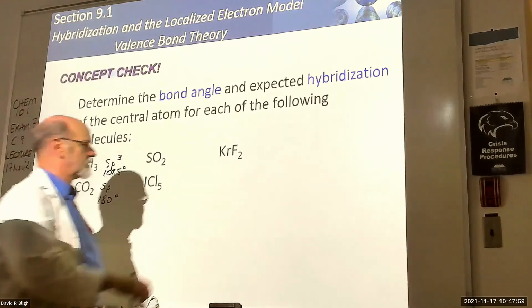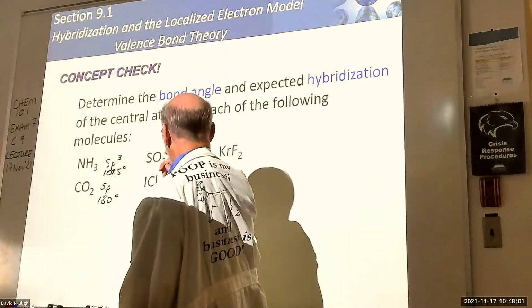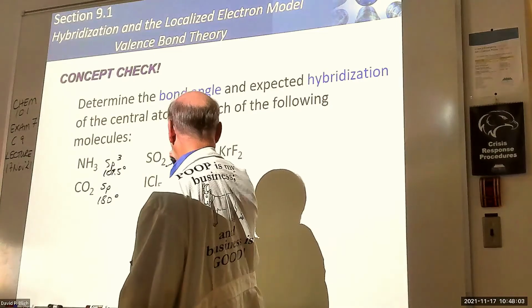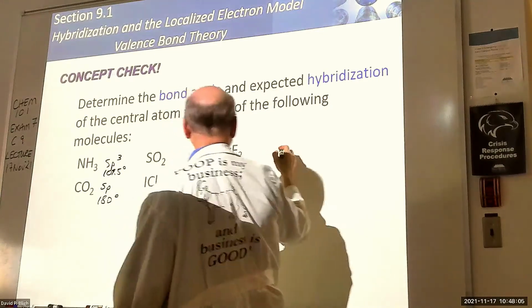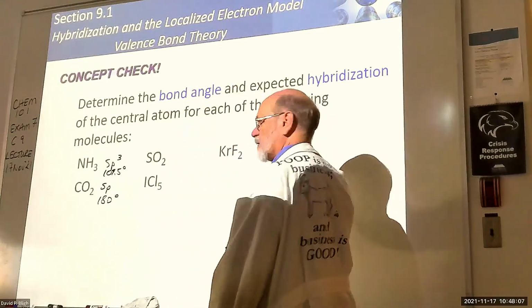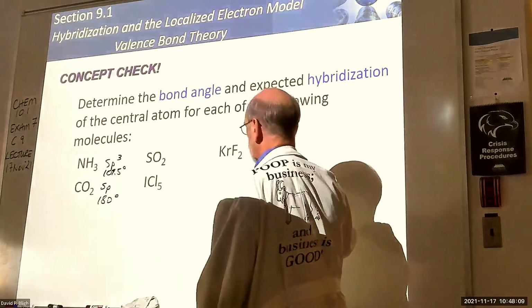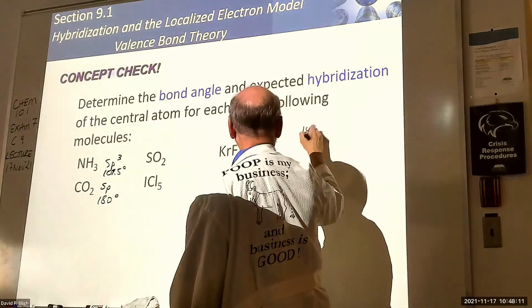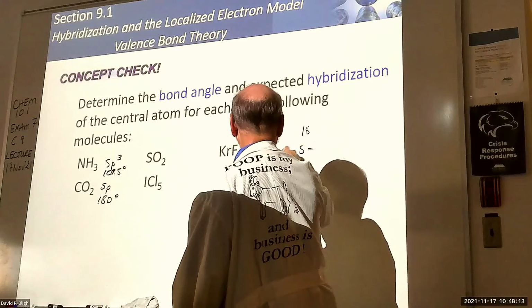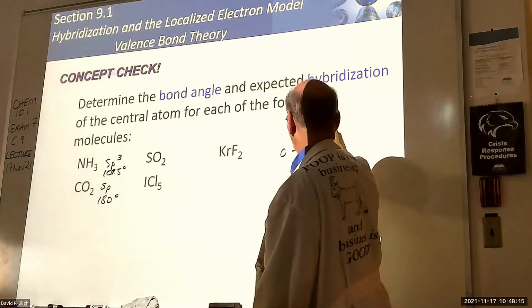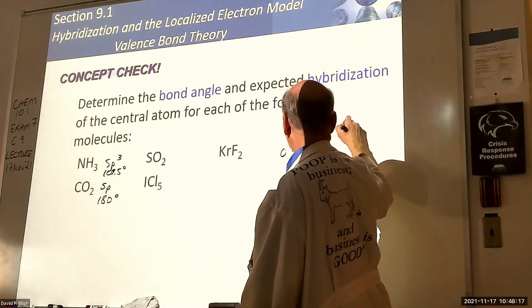Let's see. We might have to do the rest of it. SO2. Oh, sulfur and oxygen in the same group, so 3 times 6 is 18. SO2, 14.